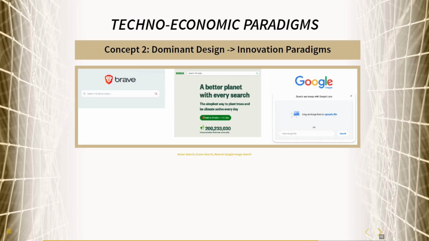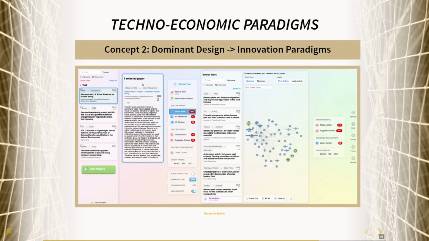And then Google itself said, well, how can we actually improve our original idea, right? So Google Lens or Google Images now actually allows you to drag an image and actually use that image as your search input. We have more modern technologies like Research Rabbit, right? So if you're looking at Research Rabbit, you would enter in a single research paper that you're looking for, and it starts to actually scrape and present you with different kinds of papers that are connected, really thinking about this idea of connected information, to the nth degree.